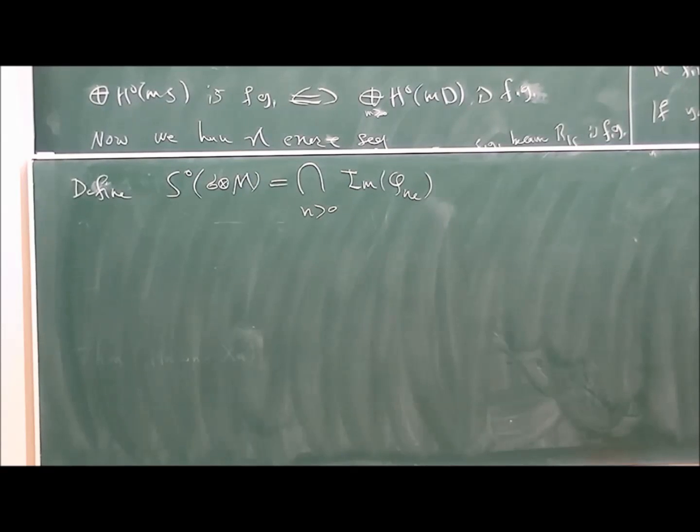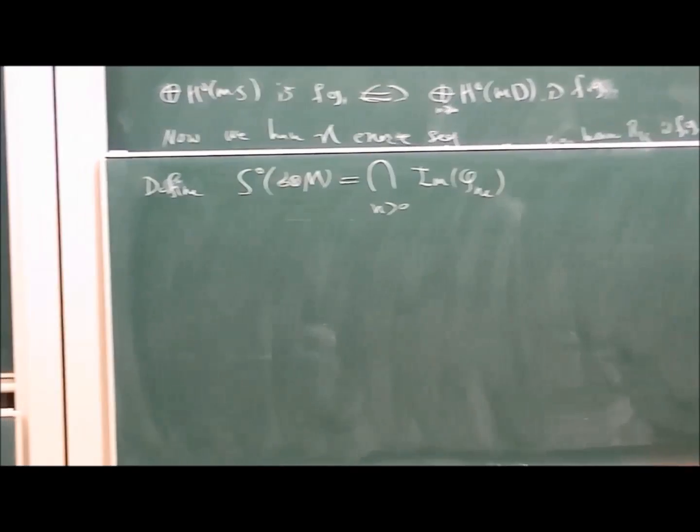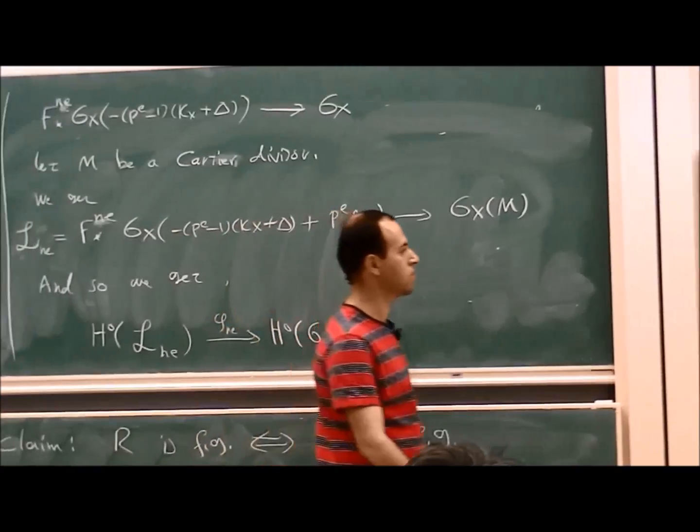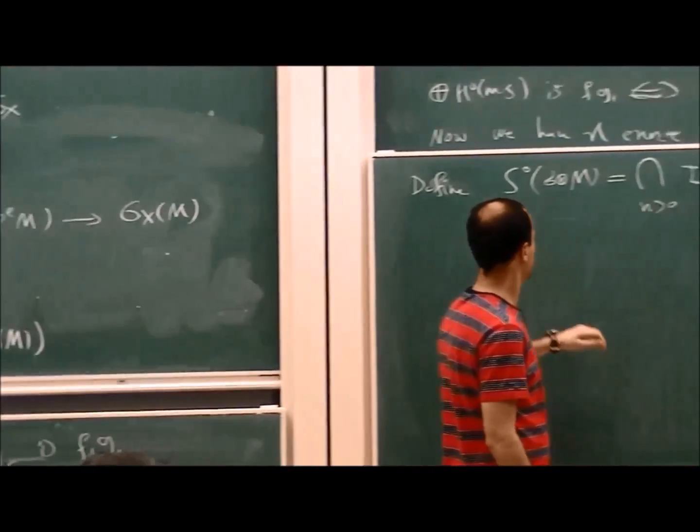One n may not be enough. You need to look at all the possible n's. The reason is that usually you might have some positivity here, and it becomes larger and larger when the n becomes large. So you have more control.